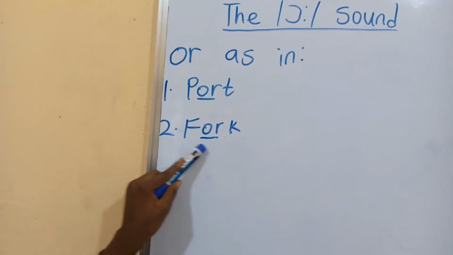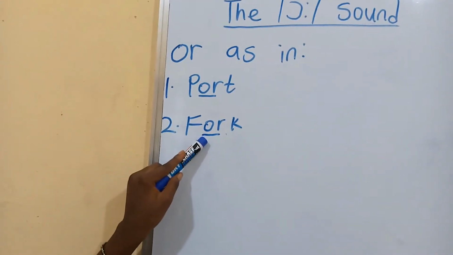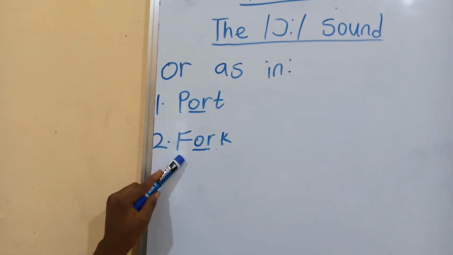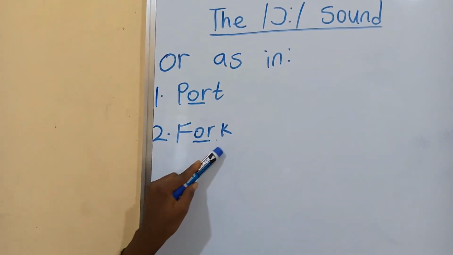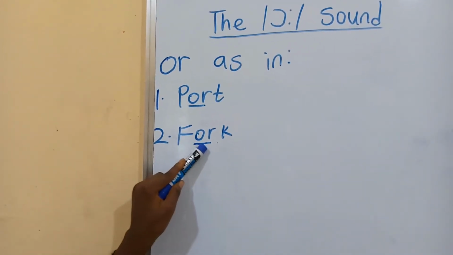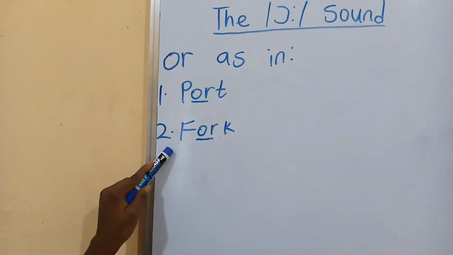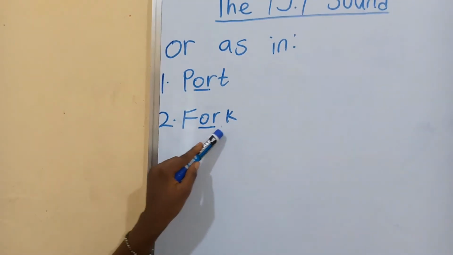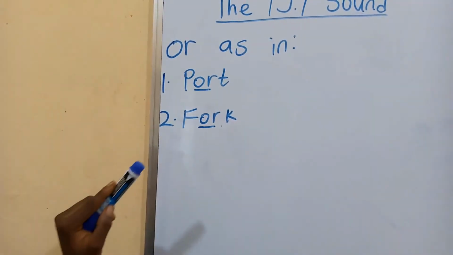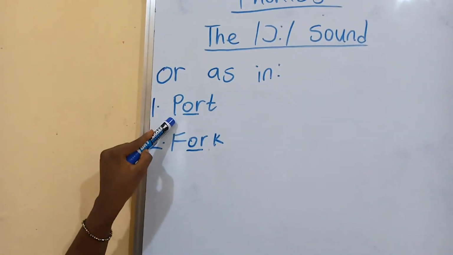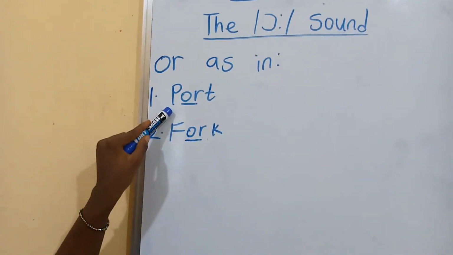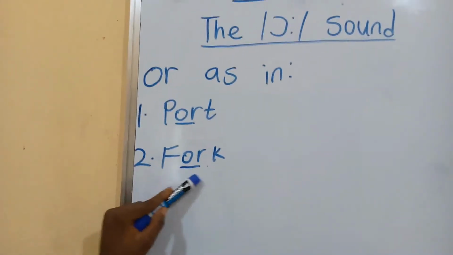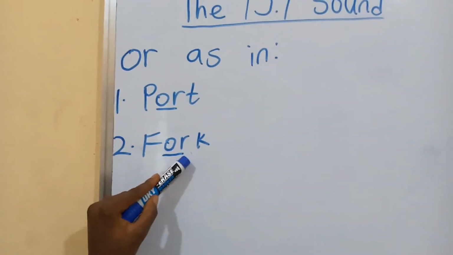This is your R, and we have here K. So we have R. So now it will give us what? Fork. Lovely. And the first one was what? Part. And the next one is what? Fork. Lovely.